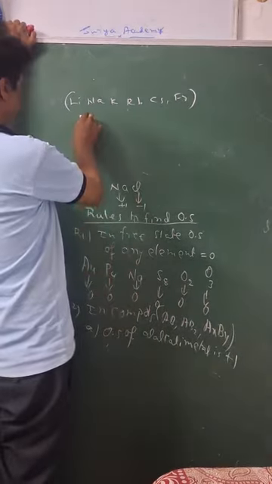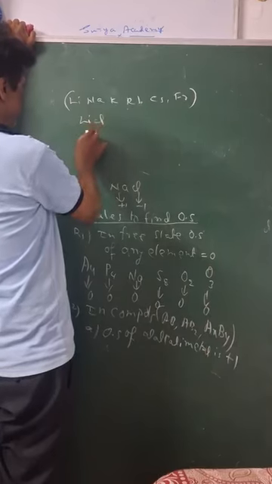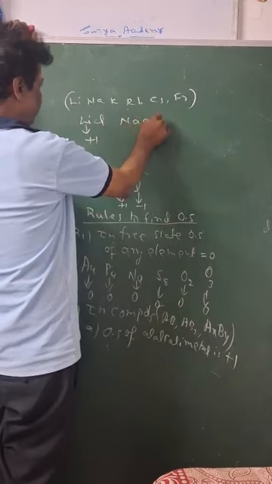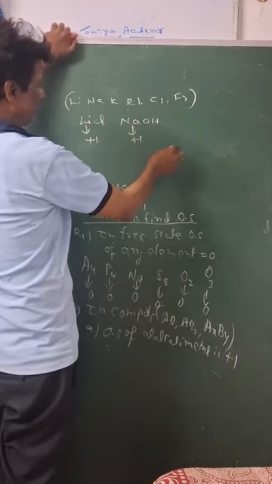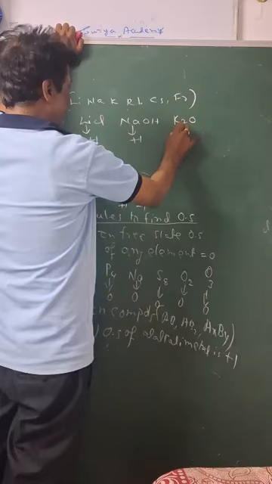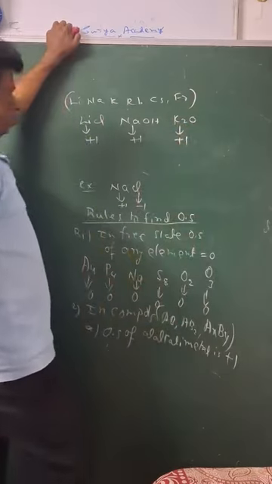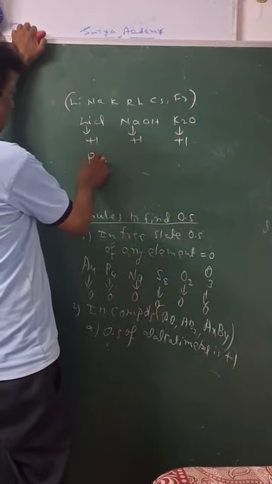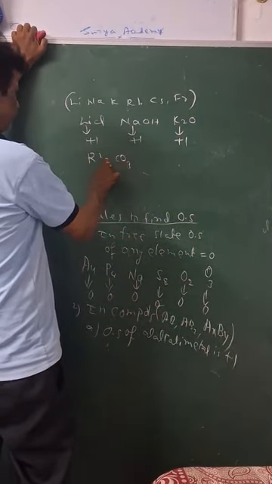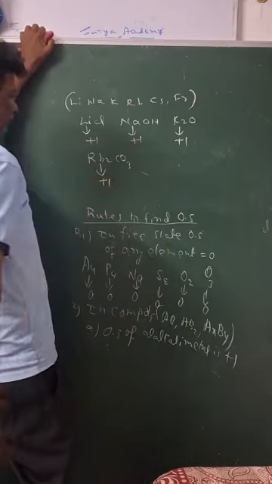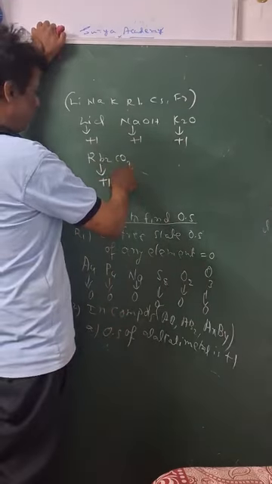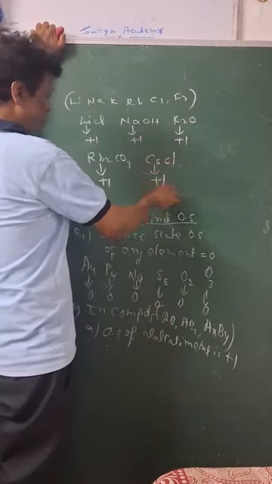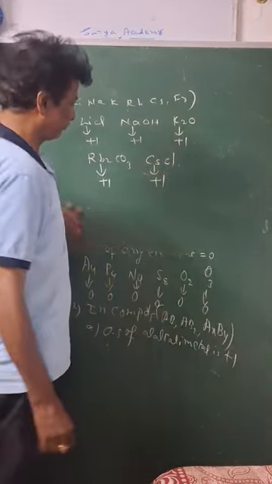These are alkali metals. In compounds, LiCl is +1, NaOH is +1, K2O is +1, rubidium carbonate is +1, cesium chloride is +1.